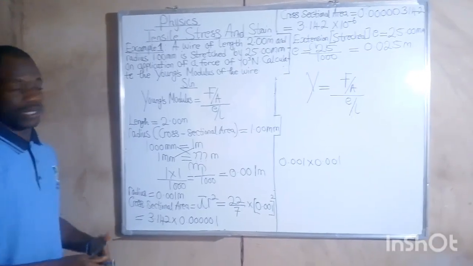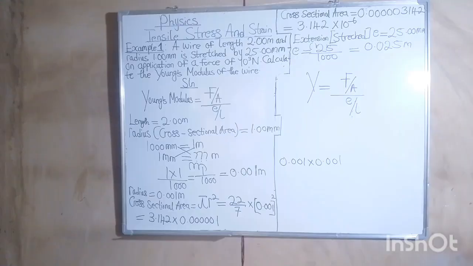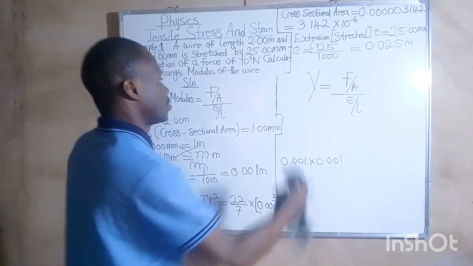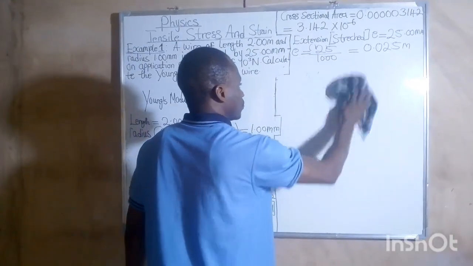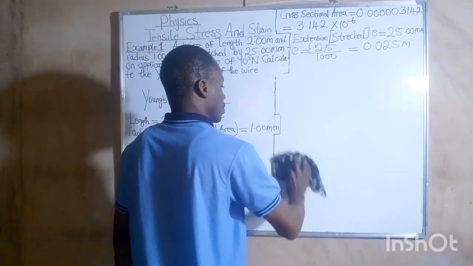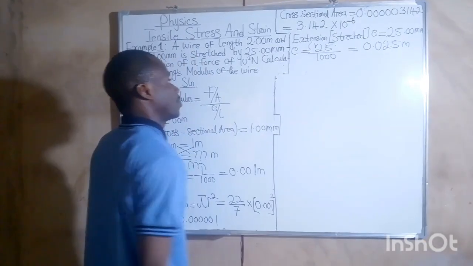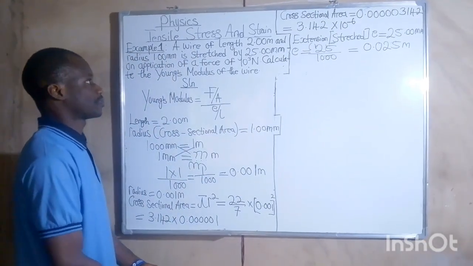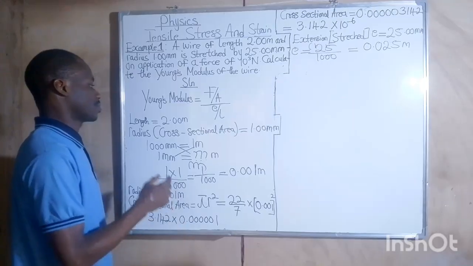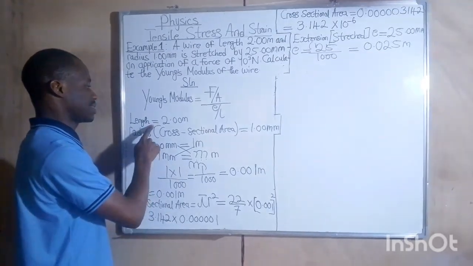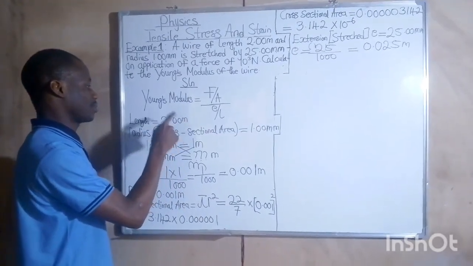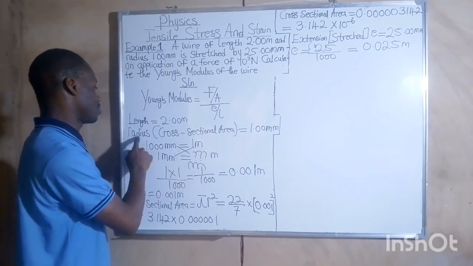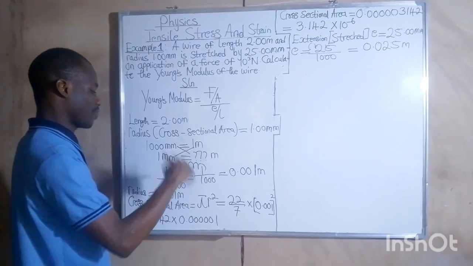So we've gotten the extension. So we're going to clean the Young modulus formula here and see what we can get. Now, remember we've gotten several parameters: length 2.00 meter, or 2 meters. Radius, cross-sectional area converted.